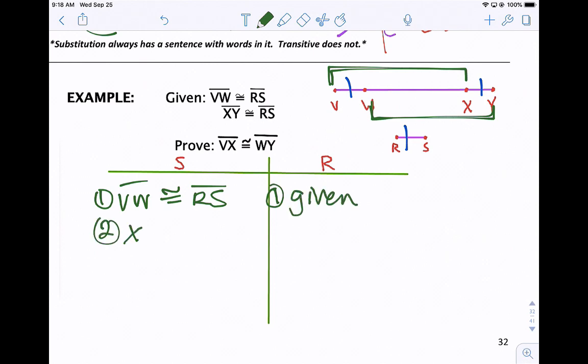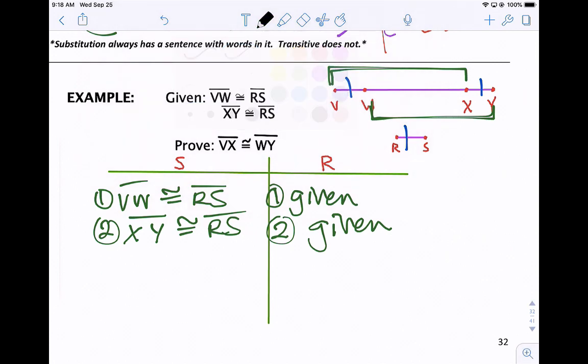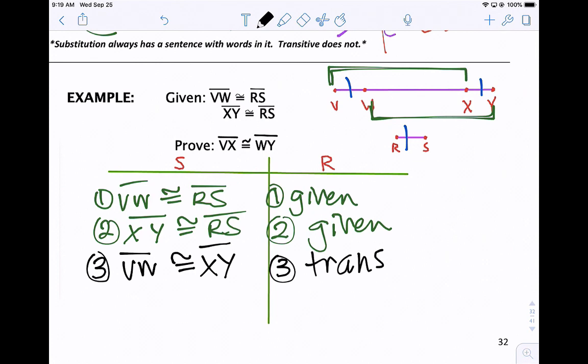Step 2, XY is congruent to RS, given. Okay, so since those are congruent to RS, they must be congruent to each other. So step 3, we can say VW is congruent to XY, because again, we've said they're both congruent to RS, and so that is the transitive property.